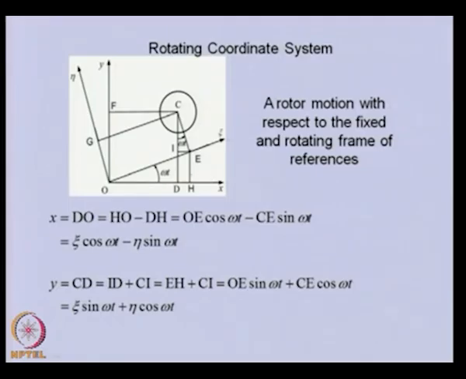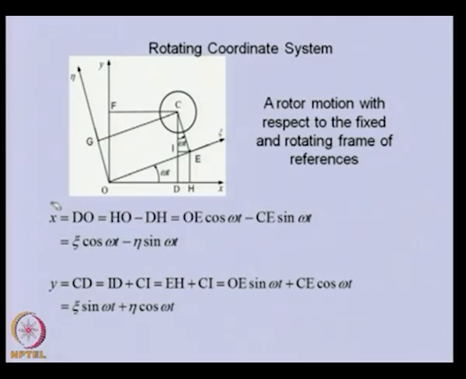So, x y is the stationary coordinate system, and xi and eta is the rotating coordinate system, and we want to transform the equation of motion in the x y coordinate system to the rotating coordinate system. Before that, we can relate these two coordinate systems with elementary geometry.